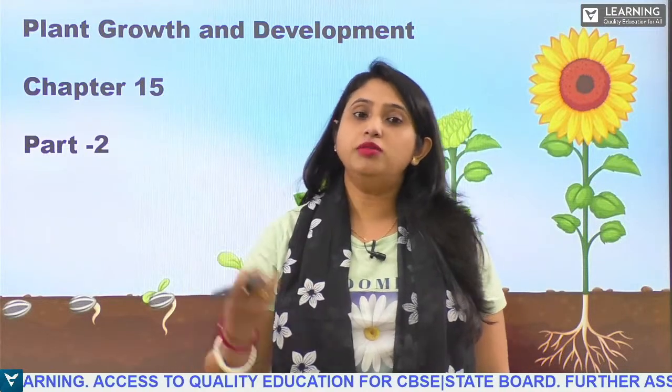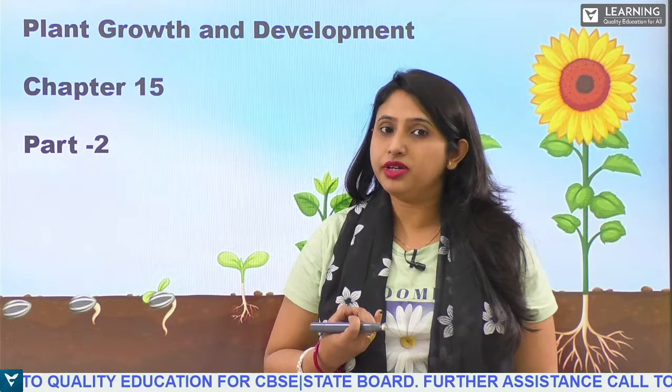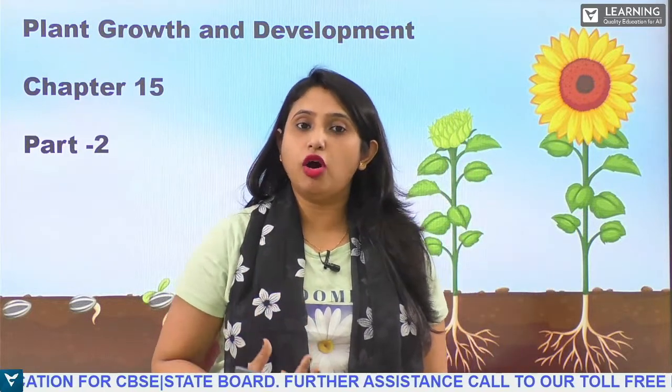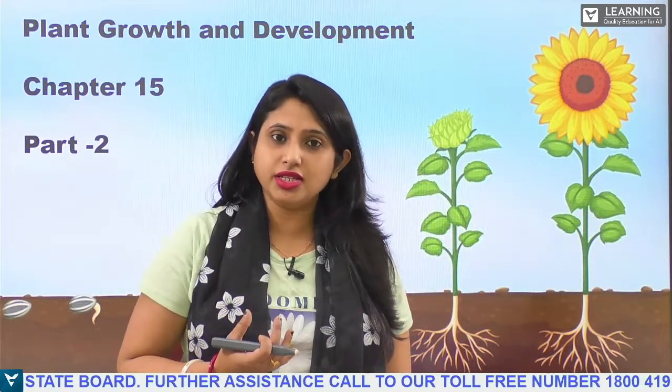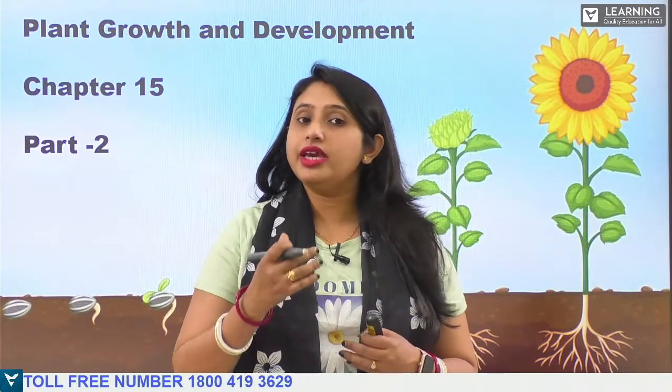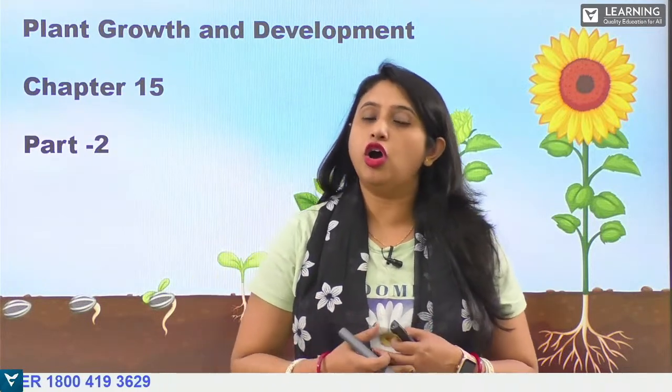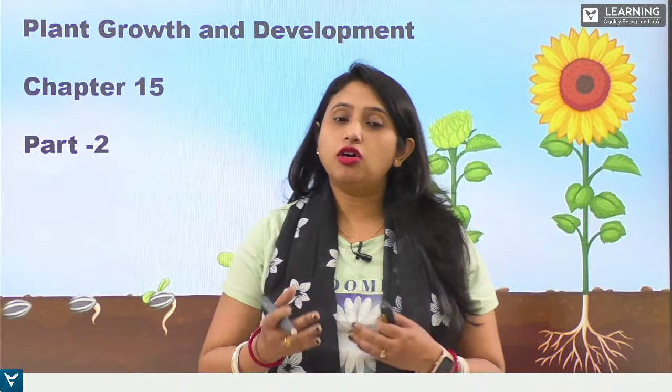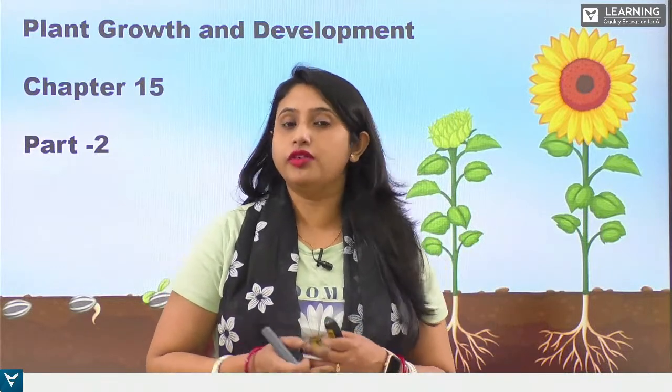You know that hormones are the chemicals which help our body to perform properly, helping in control and coordination. In the case of plants also, they have some hormones, also called plant growth regulators.